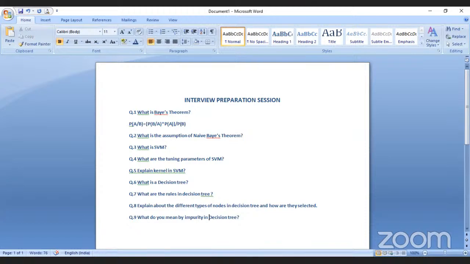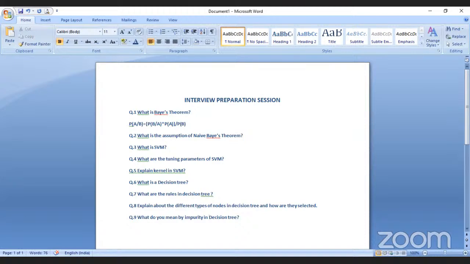When we say a data set is pure or homogeneous, all its class labels are the same. When we say the data is impure or heterogeneous, the class labels are different. Entropy, Gini index or classification error can be used to measure the impurity of the data set.